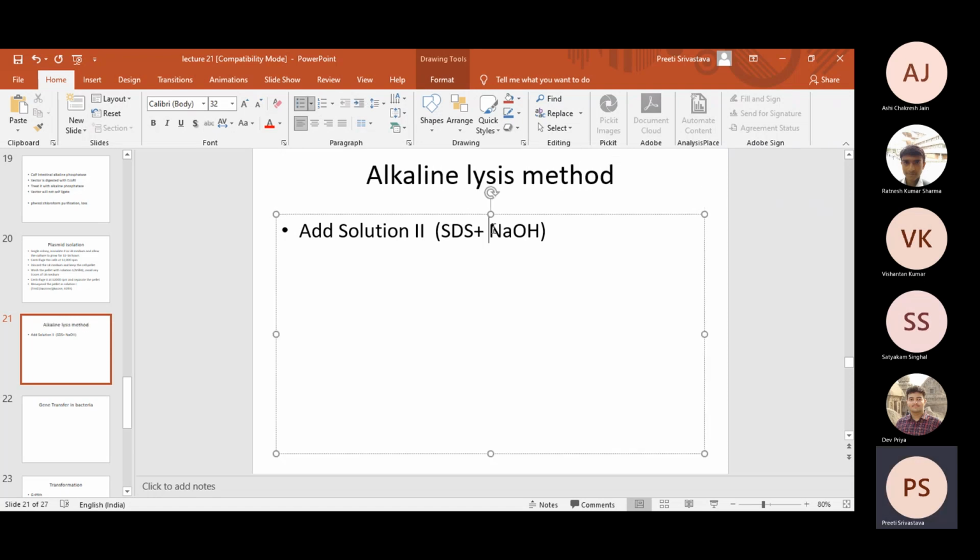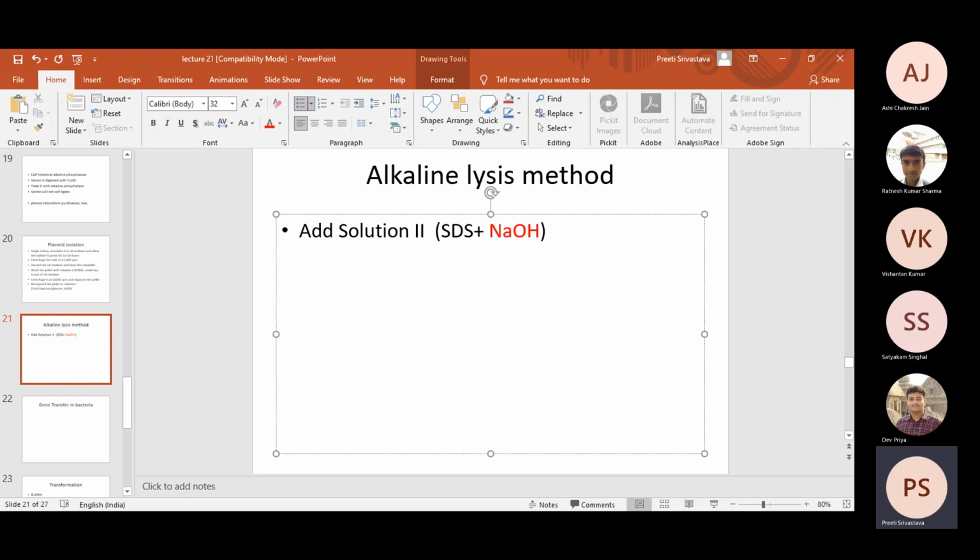This is the main difference between the genomic DNA and the plasmid DNA isolation methods. When you are isolating genomic DNA, we do not use sodium hydroxide, and when we are doing plasmid isolation, we do use sodium hydroxide. So now what is the purpose of sodium hydroxide?